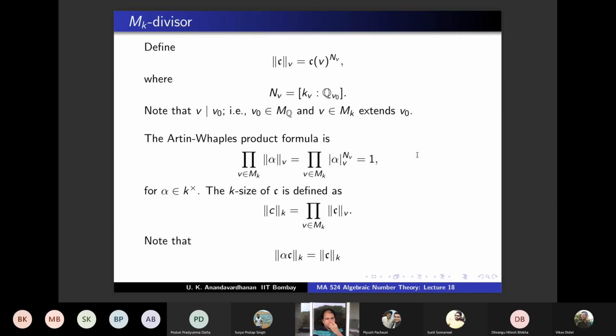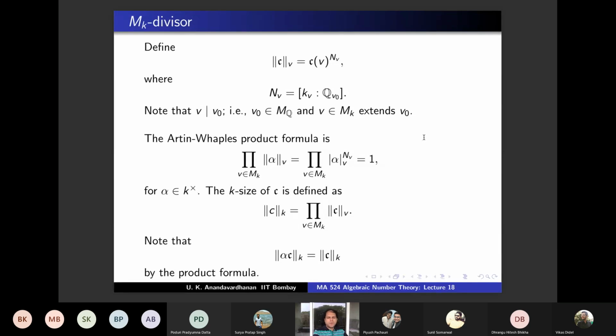Therefore the size doesn't change if you multiply a given divisor with the divisor coming from alpha in K star, what is called a principal divisor. Just like a principal fractional ideal, a principal divisor is a divisor coming from a global element alpha in K star. So this is by the product formula.